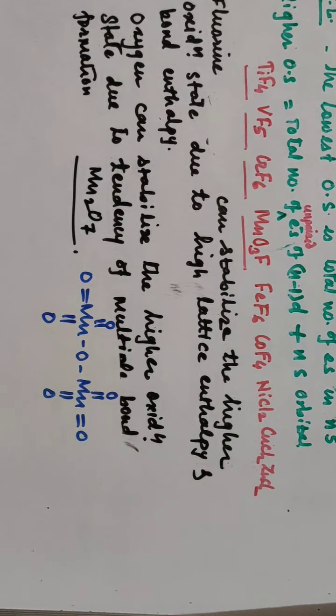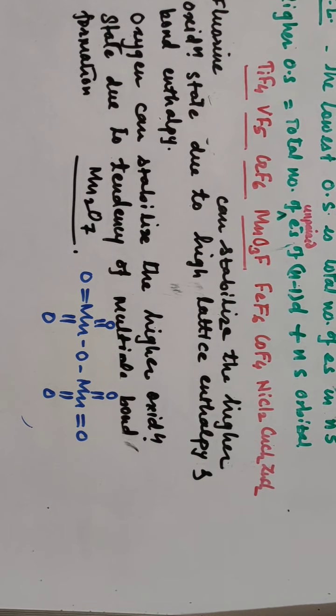So this is the structure of Mn2O7, where the oxidation state of Mn is +7 and the compound is stable. So oxygen can stabilize the higher oxidation state due to the tendency of formation of multiple bonds.